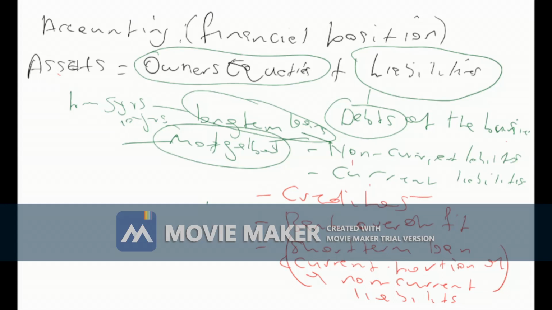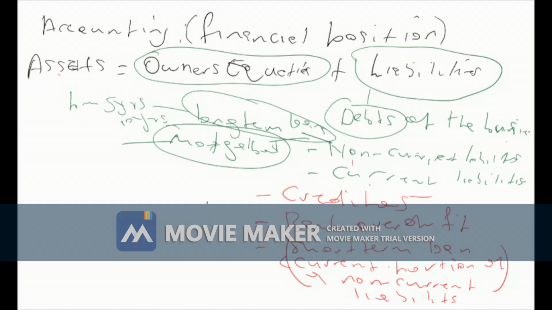The creditors are people who are owed by a business. A business can buy goods and services on credit from their suppliers. So those people the business owes money to will be called what? Creditors. And then a bank overdraft is whereby a business is over-withdrawing money from its bank.